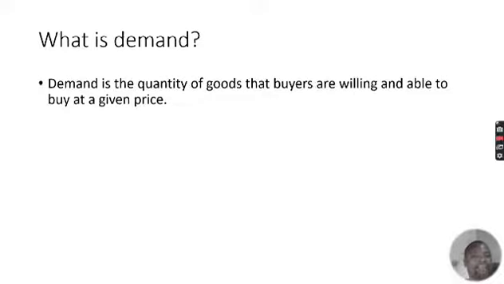Otherwise, if there is no demand, it will be very difficult to make profit. The business will make loss, and at the end of the day, collapse. Therefore, managers are given a special responsibility to ensure or promote the demand for the products of the firm and come up with the appropriate prices so that they can make revenue, which will in turn lead to making profit.